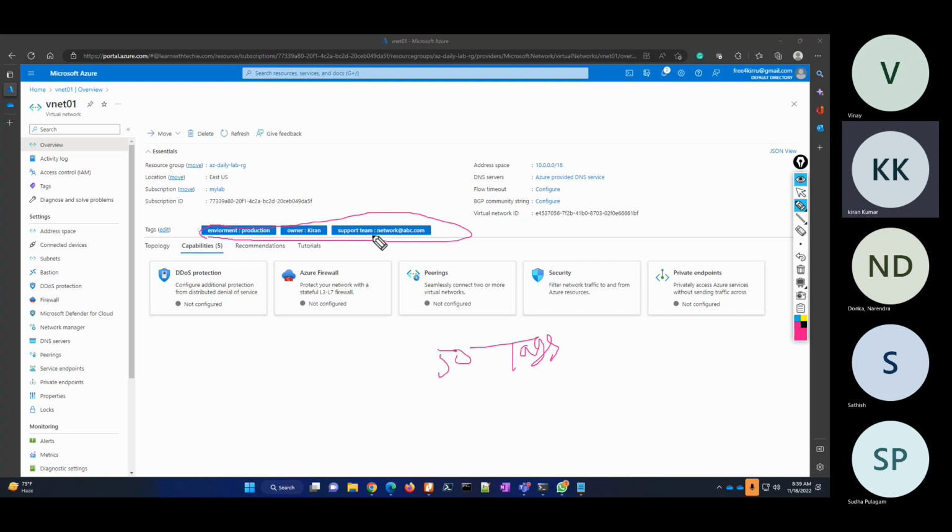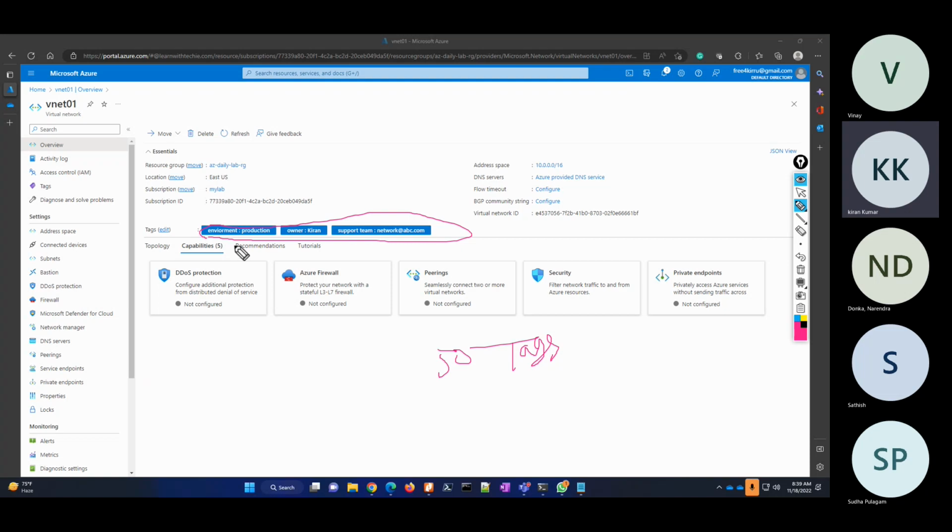Each and every resource, when you deploy it, if you associate the tags, it's very easy to identify that particular resource: its purpose, what type of environment, who is the owner, who is the support team, and everything your company requires for inventory tracking.